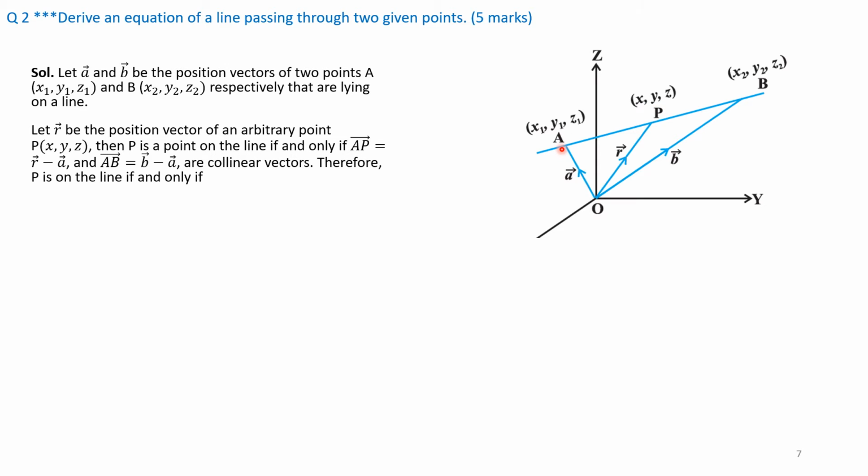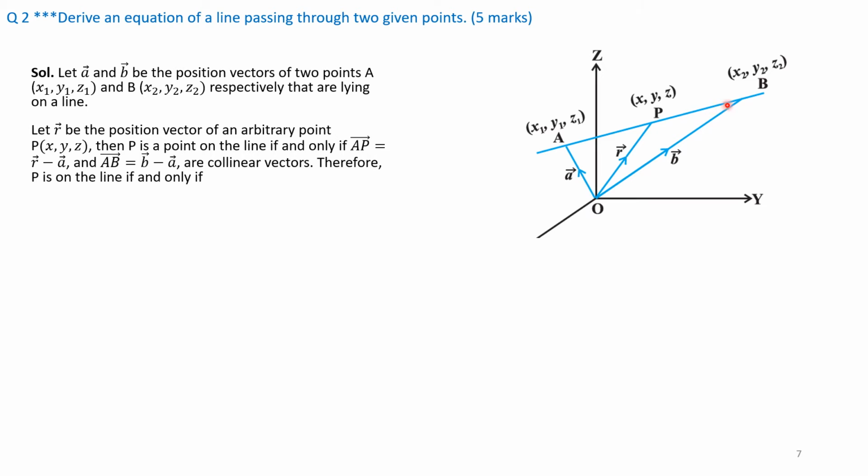Then P is a point on the line if and only if vector AP, which is R minus A, and vector AB, which is B minus A, are collinear.